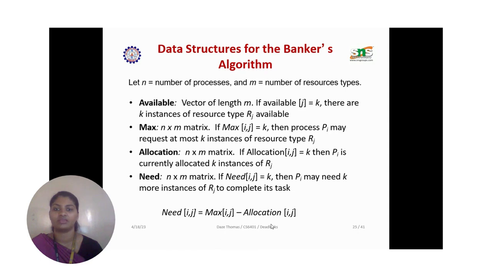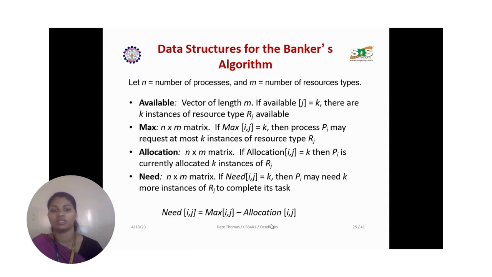Available is a vector of length m. If available[j] equals k, there are k instances of resource type Rj available. Max is an n by m matrix. If max[i,j] equals k, then process Pi may request at most k instances of resource type Rj. Allocation is an n by m matrix.